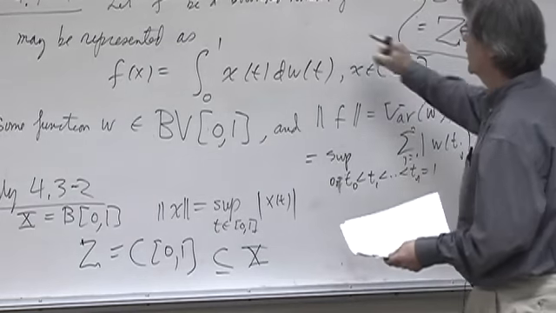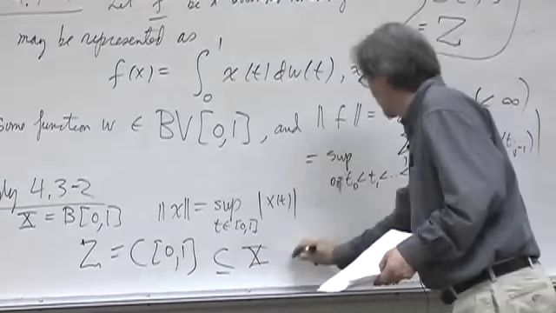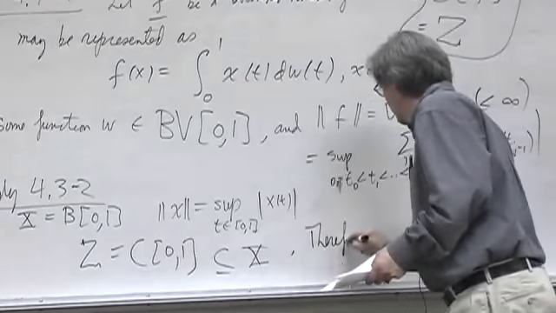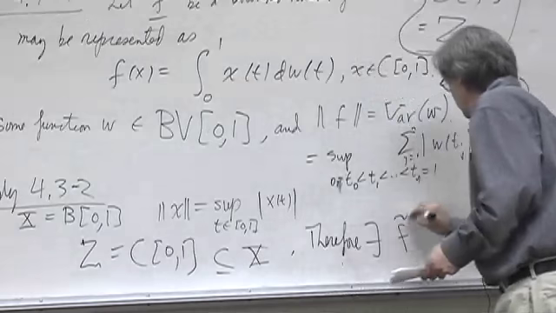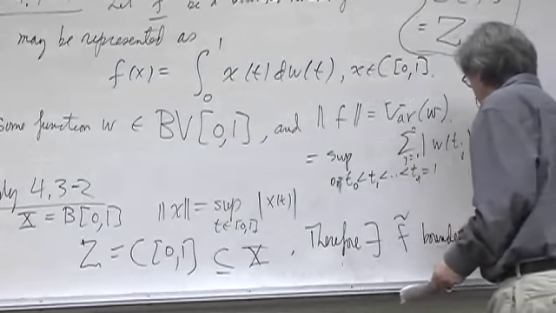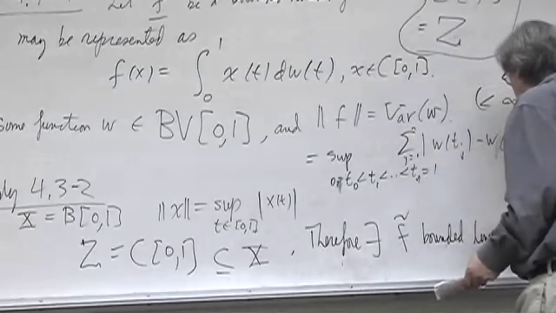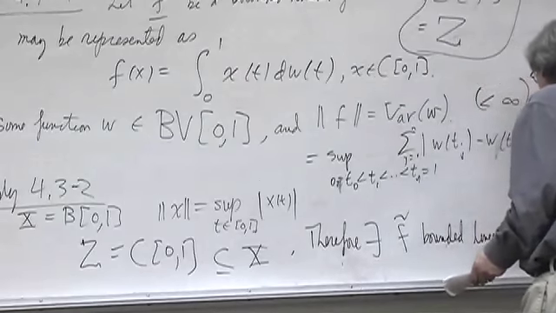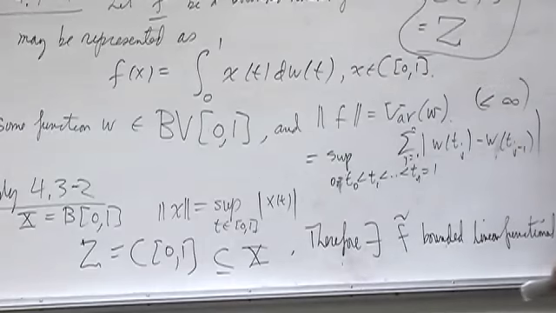Okay, so I gave myself an f, so therefore there exists an f tilde, a bilinear functional on the B space, on B01, with the norm of this f tilde on B01 equal to the norm of f relative to C01.